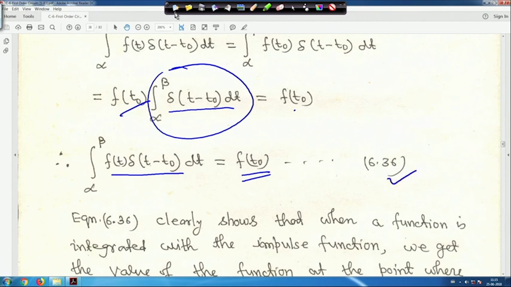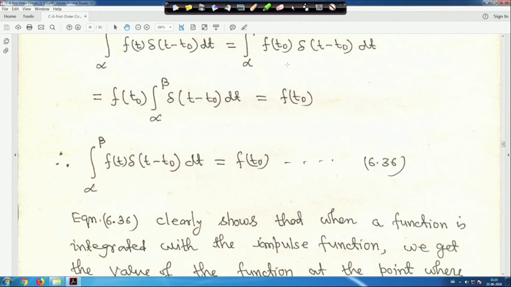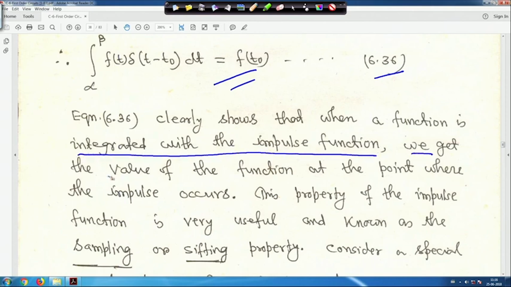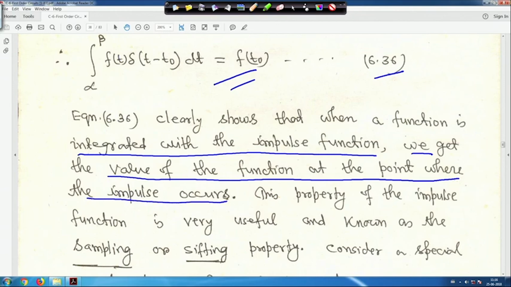This equation 36 clearly shows that when a function is integrated with the impulse function, we get the value of the function at that point where the impulse occurs.